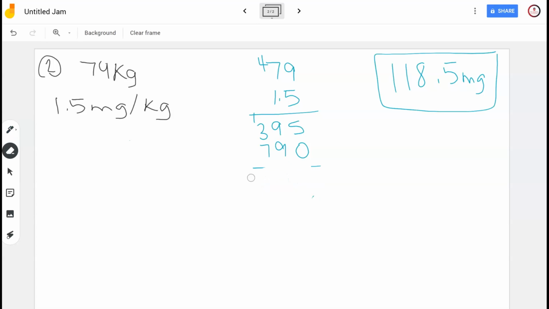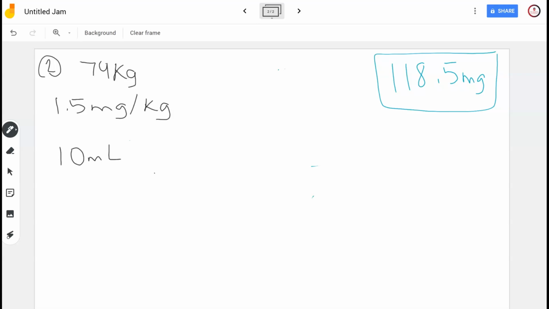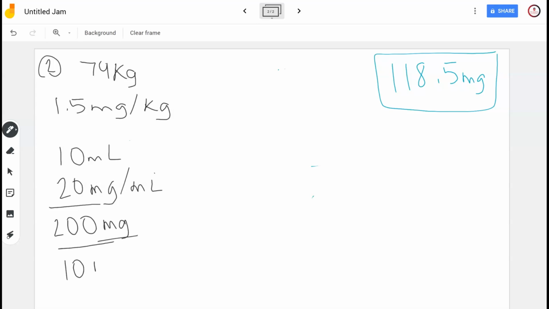Now, they want to know how many milliliters you're going to draw up. And on the handout, it says that you have a 10 ml vial and you have 20 milligrams per milliliter. So if you multiply how many milliliters you have by how many milligrams is in each milliliter, you get that you have 200 milligrams in 10 ml.